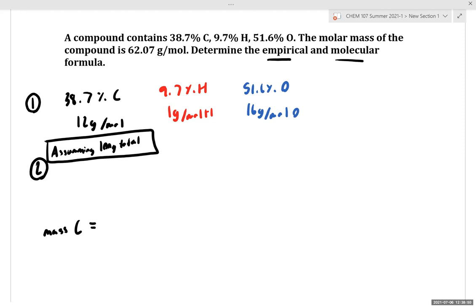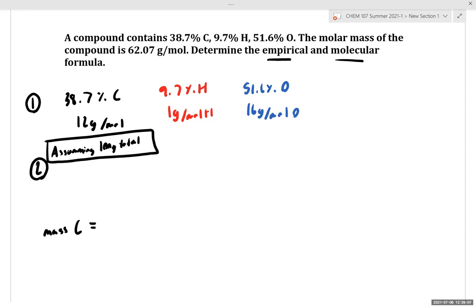We have the mass percentage of carbon, and we know that we can assume 100 grams total. Thus, what would our calculated mass of carbon be in this sample?